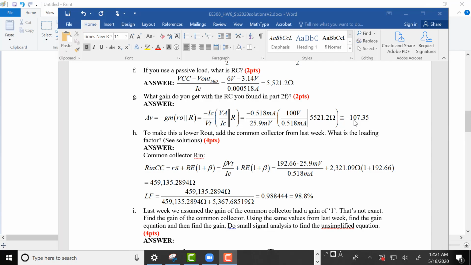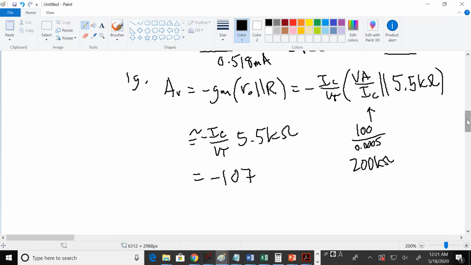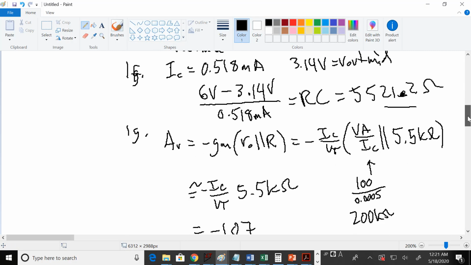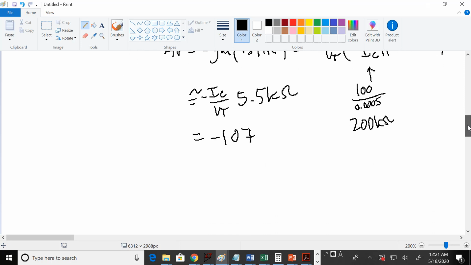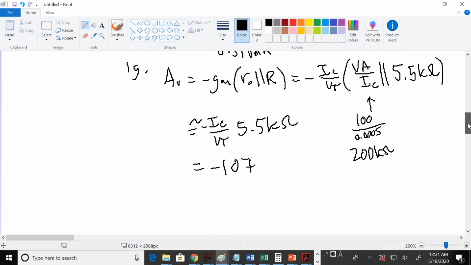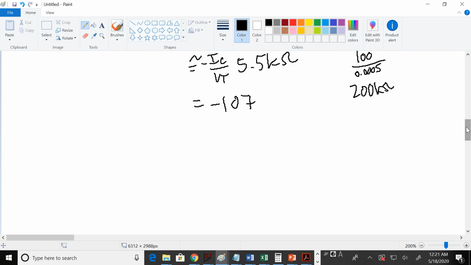Okay, so there's that. And then the next is we're adding a common collector. So we have our common emitter, or common base, sorry. So we have our common base.